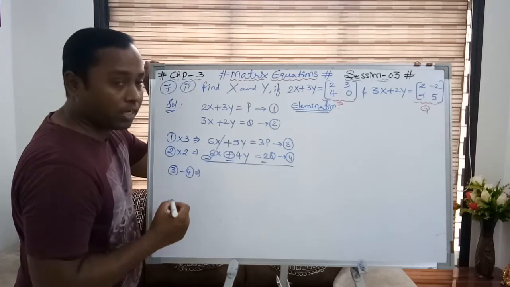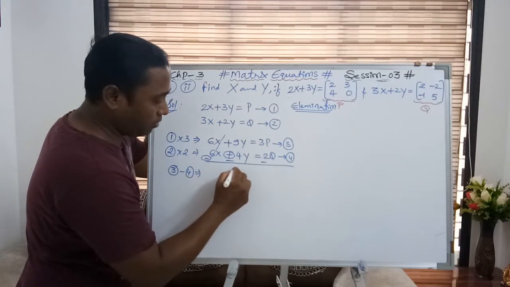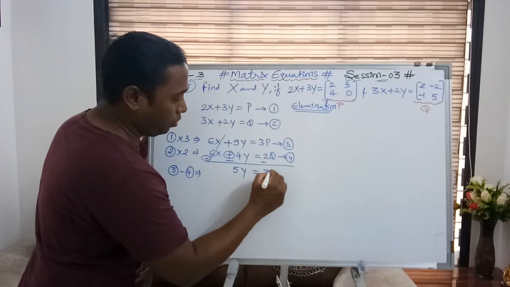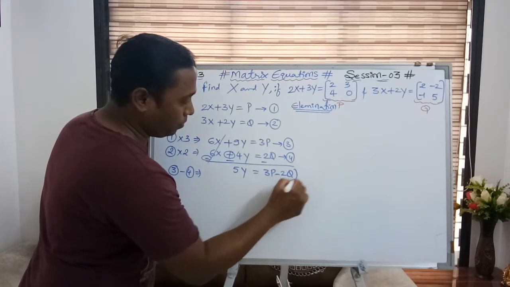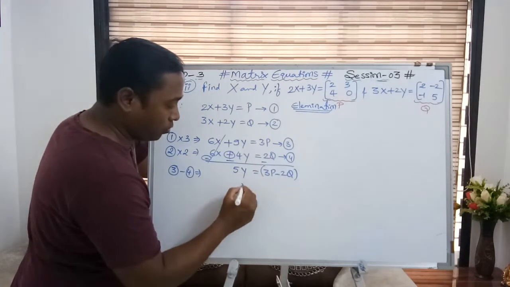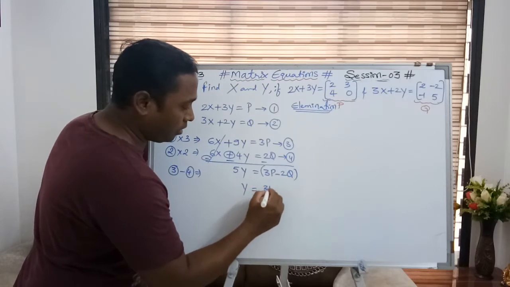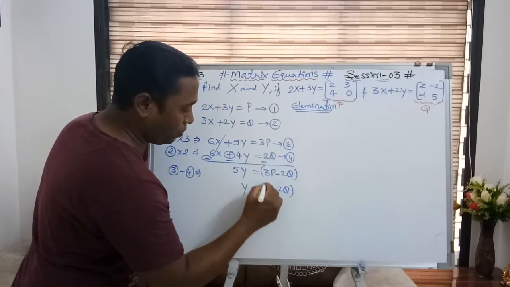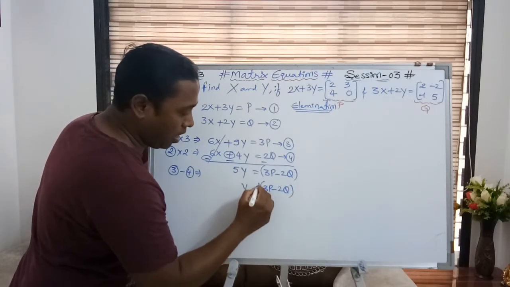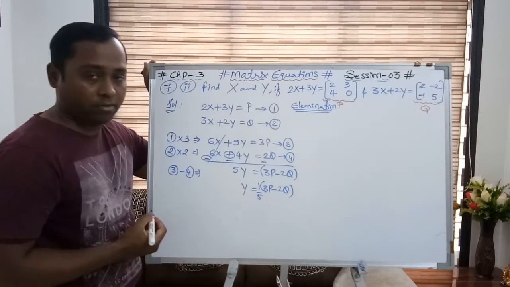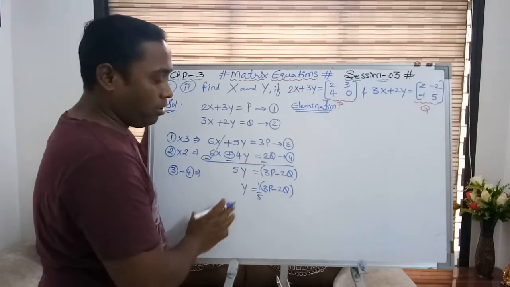So ultimately the X terms get cancelled. 9 minus 4Y is 5Y equal to 3P minus 2Q. So Y would be 3P minus 2Q divided by 5, or you can also write 1 by 5. So this is the value of Y.